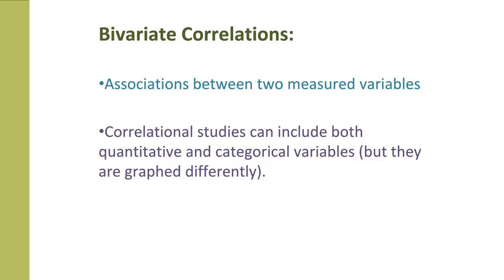Again, you can do this with quantitative continuous data, or with categorical variables. My strong preference is that you only use the continuous data, so all of those Likert scales, 1 to 7, 0 to 10, whatever we happen to use, as opposed to categorical variables. But you can absolutely use categorical variables if you would like.